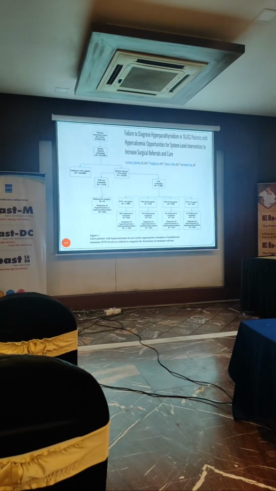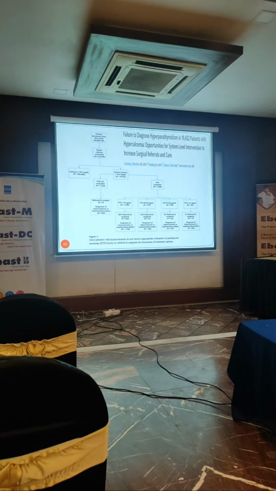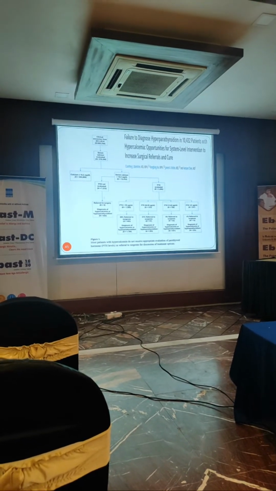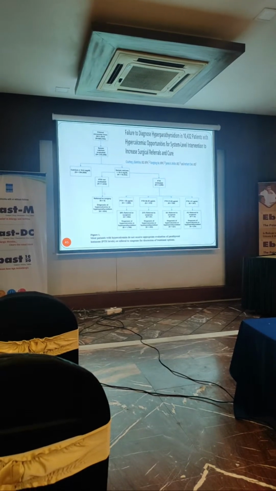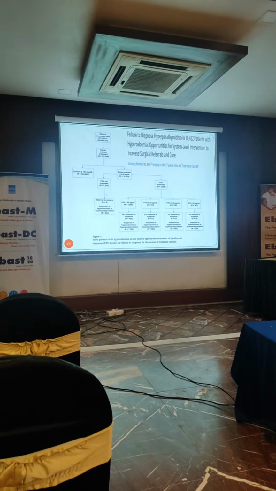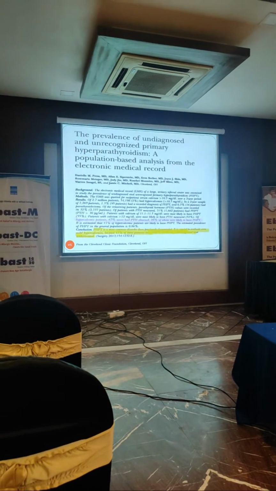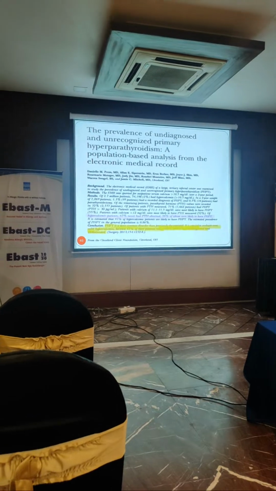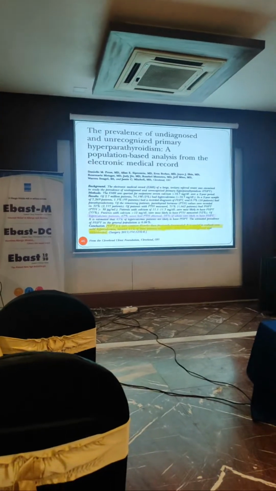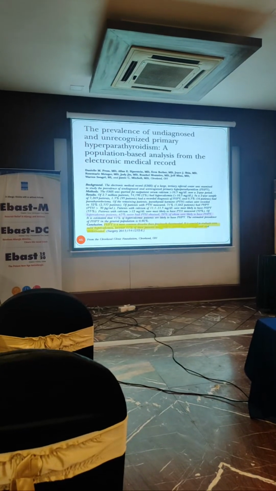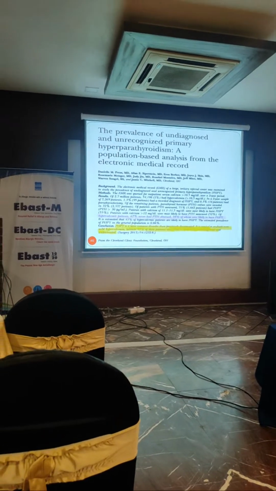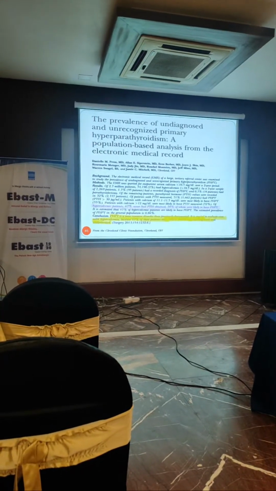So in this third row, second column, you see serum calcium more than 10.5 milligrams per deciliter. The number is 10,432. Out of these, 7,232, almost 70%, were not evaluated, and out of which 844 were detected to have hyperparathyroidism. So regarding the prevalence of undiagnosed and unrecognized primary hyperparathyroidism, in this study, out of the patients with hypercalcemia, 67% never had PTH levels done, and 28% of whom were likely to have primary hyperparathyroidism.